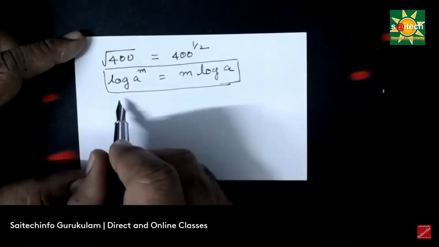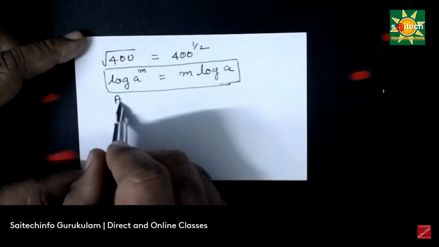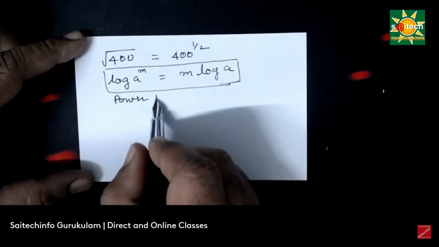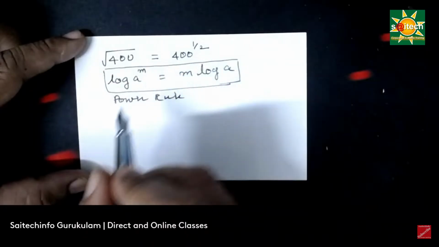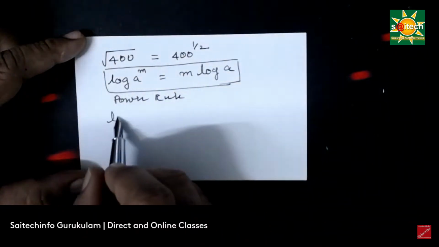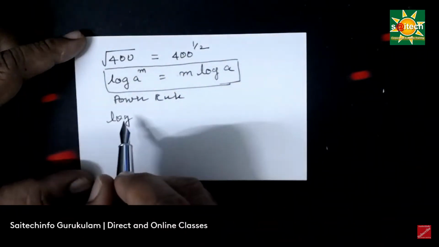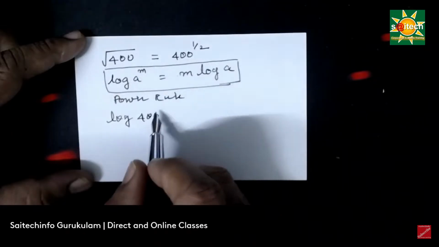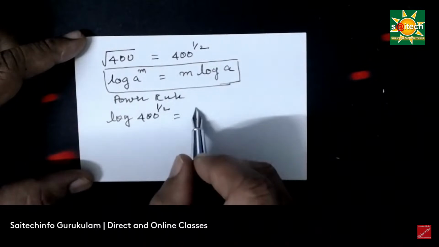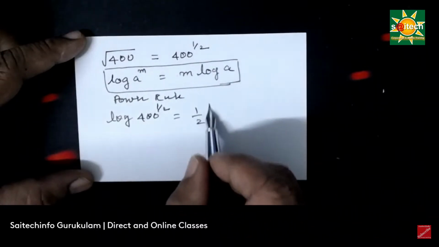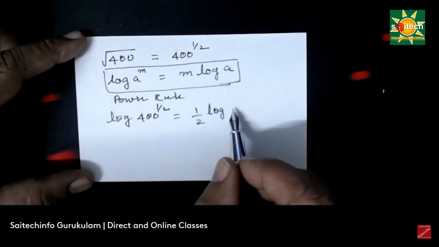Take down. Power rule of logarithm. We can adopt this. So in that case, log 400 power 1 by 2 is nothing but 1 by 2 log of 400.